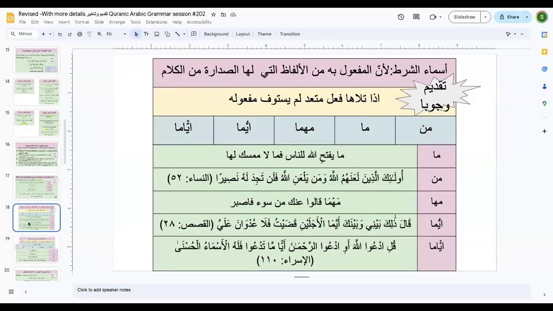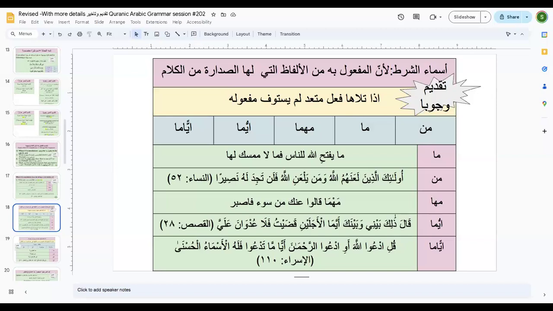So, I'm going to go ahead and teach you the second case where you are going to learn a change in sequence. Your asma'u shart. Do you ever see them in the middle of your ayahs, or do you always see them in the beginning? Most of the time, when you see asma'u shart, where are they found?